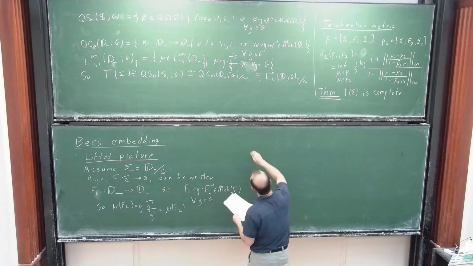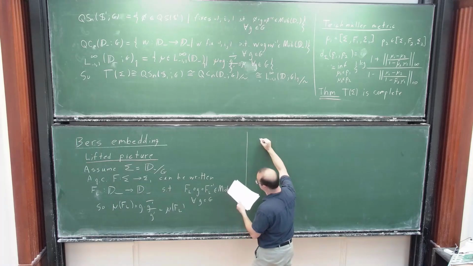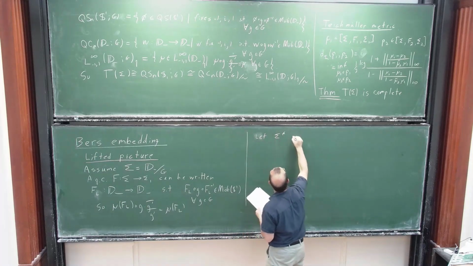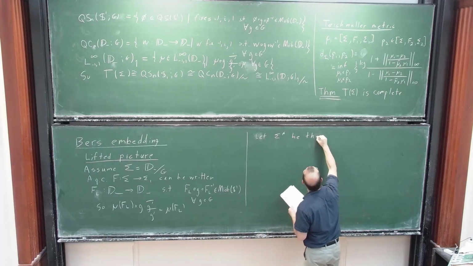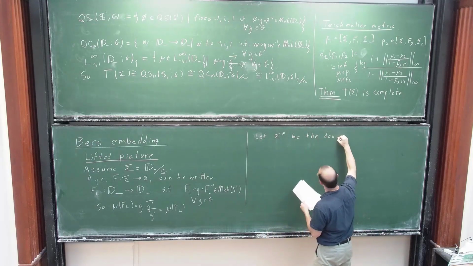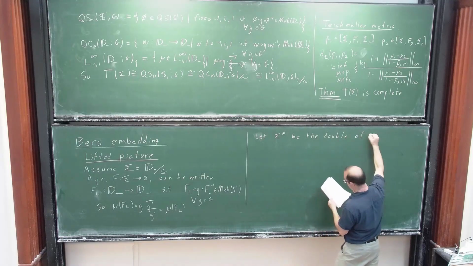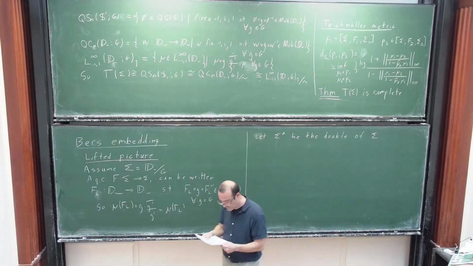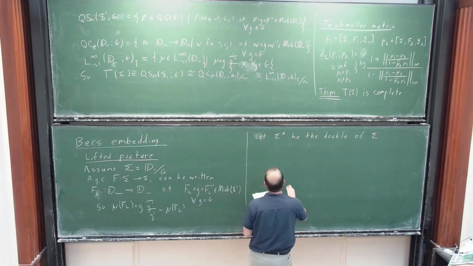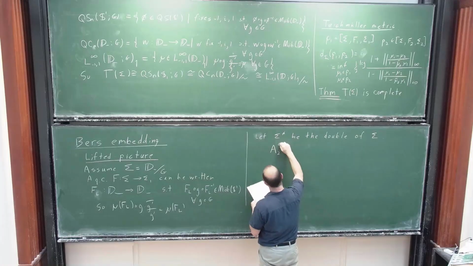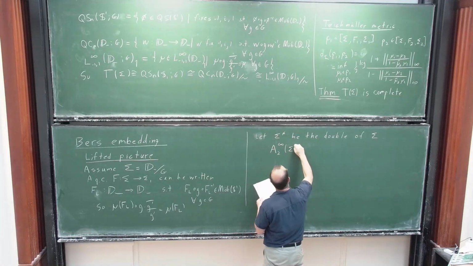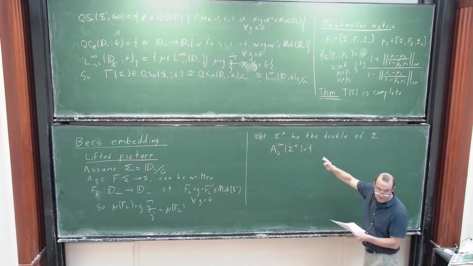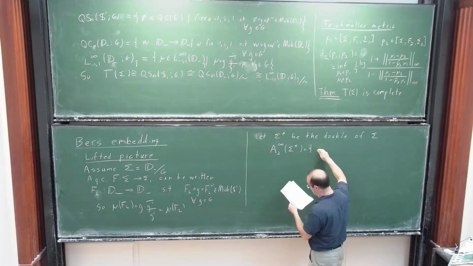And I need some spaces, so let sigma star be the double of sigma. And then we consider the space of quadratic differentials on the double. So at the moment I'm going to mention the two pictures together and then get back to the lifted.